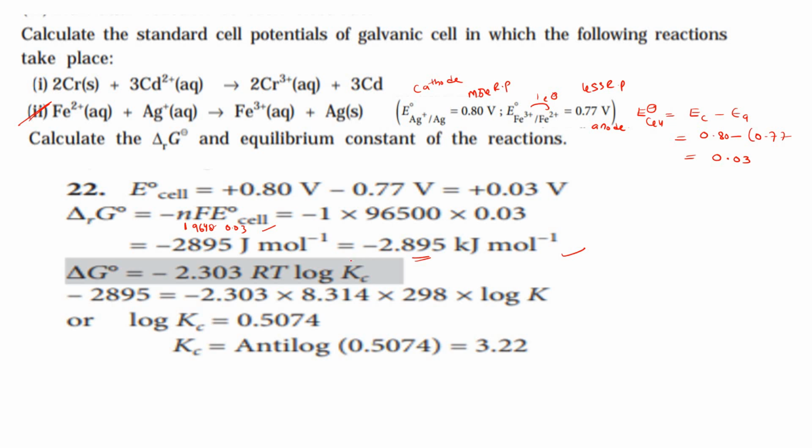Now how to calculate the Kc? Again, one more formula we can write, delta G naught equals minus RT ln Kc. Otherwise you can take the same formula: log Kc equals N into E naught cell by 0.059. Now N equals 1, E naught cell equals 0.03, divided by 0.059.